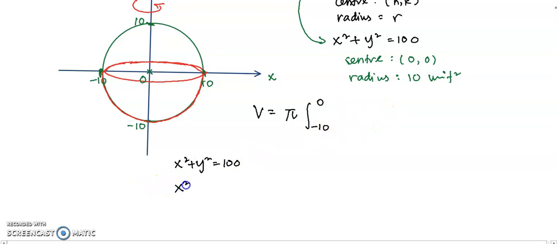To get x^2, we use the circle equation: x^2 = 100 - y^2. You put in 100 - y^2 and integrate with respect to y. Why 100 - y^2? Because it is already representing x^2. See or not? So just integrate as usual.